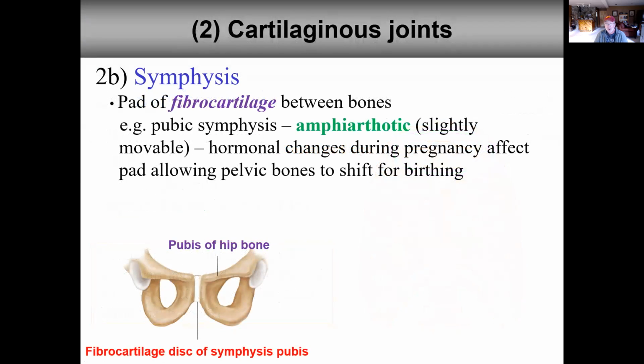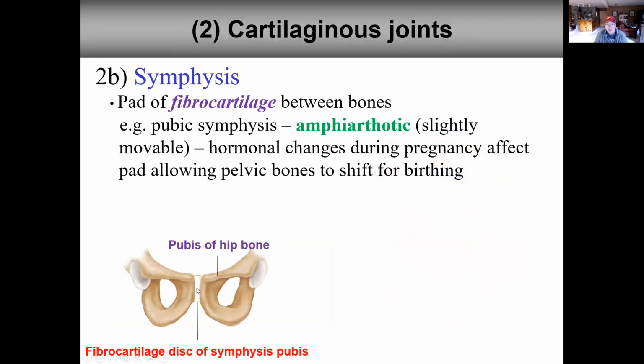And our second type of cartilaginous joint, the symphysis, unlike the synchondrosis type of joint, here we have fibrocartilage binding the bones or found between the bones. And here's the pubic symphysis or symphysis pubis, same thing, between the two pubic bones of the hip, or of the coxal bone, excuse me, the pelvis.